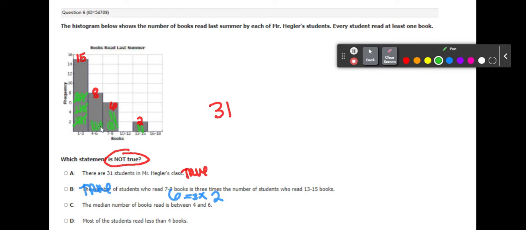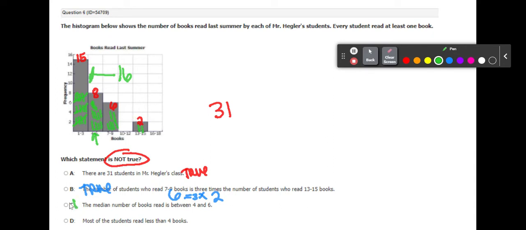So 1, 2, 3, 4, 5, 6, 7, 8, sorry. So that would be 8 plus 6 is 14, 15, 16. So there's 16 numbers from here over and 15 here. That means that the median will be in this 4 to 6 range, because 15 of the numbers are on this side of it and 15 of the numbers will be on the right side of it.